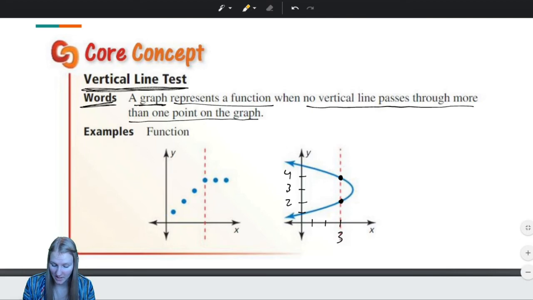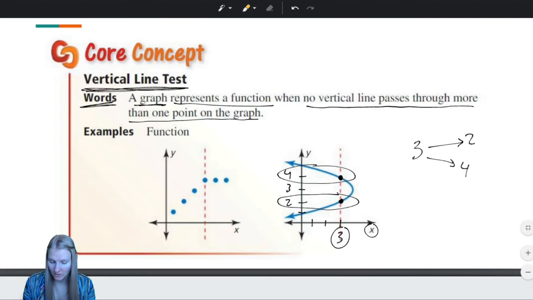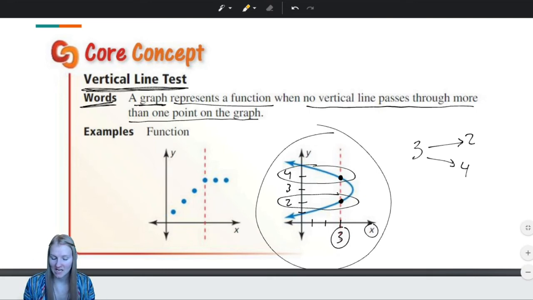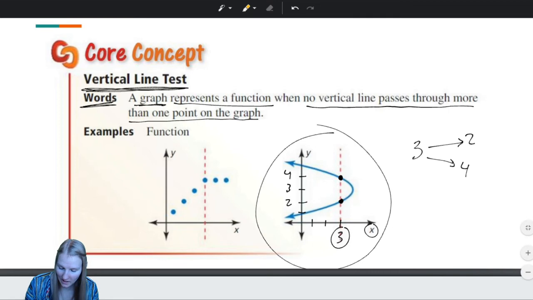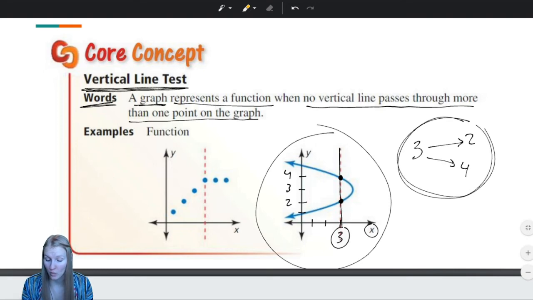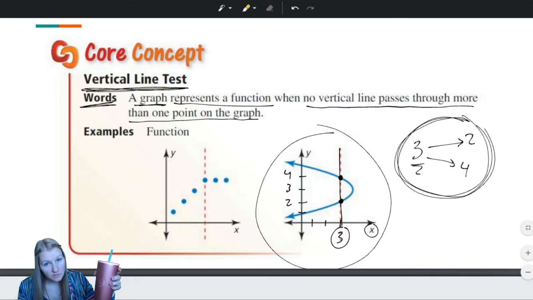What we're saying here is that the 3, which is the x or the input, is going to 2, and it's going to 4. That's what the vertical line test is saying. If you draw a vertical line and it crosses in 2 places, you have one input with an arrow that goes to 2 different outputs. And we know that's not okay. That's like 1 cup costing 2 different prices. That doesn't make sense. So that's why the vertical line test works.